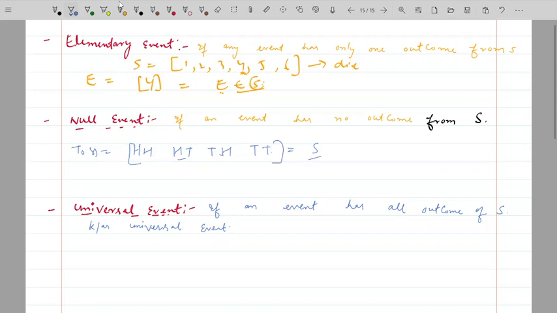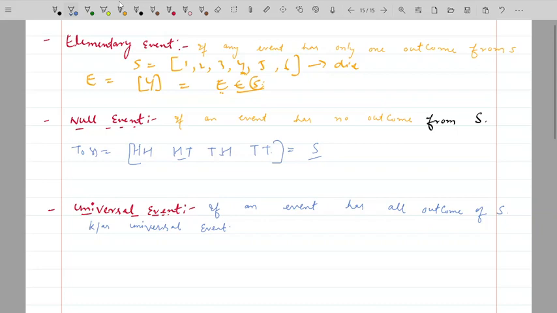And at a particular event, if you have tossed two coins simultaneously, and at that particular time the coin is in a standing position or sliding position, and the outcome is neither a head nor a tail, then that is known as the null event.